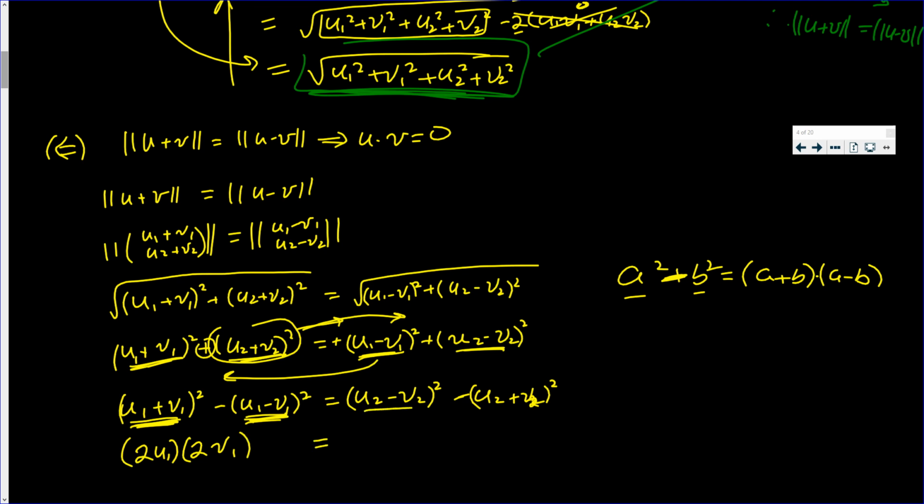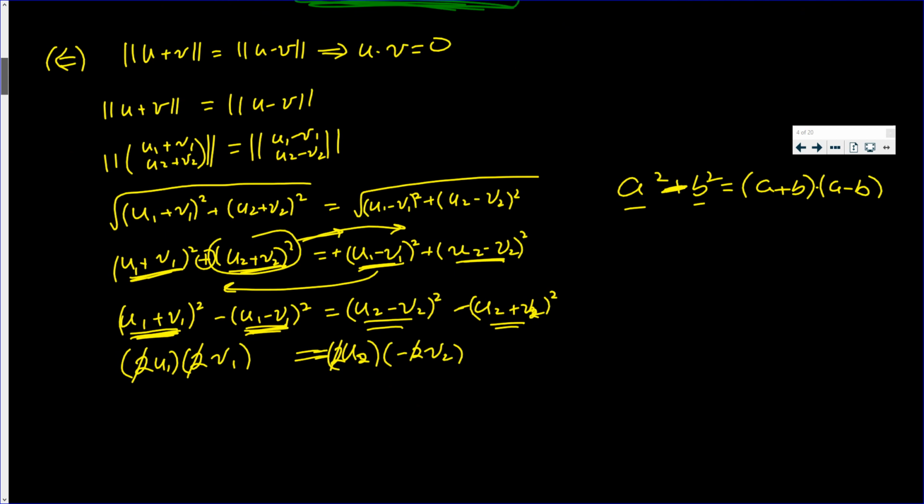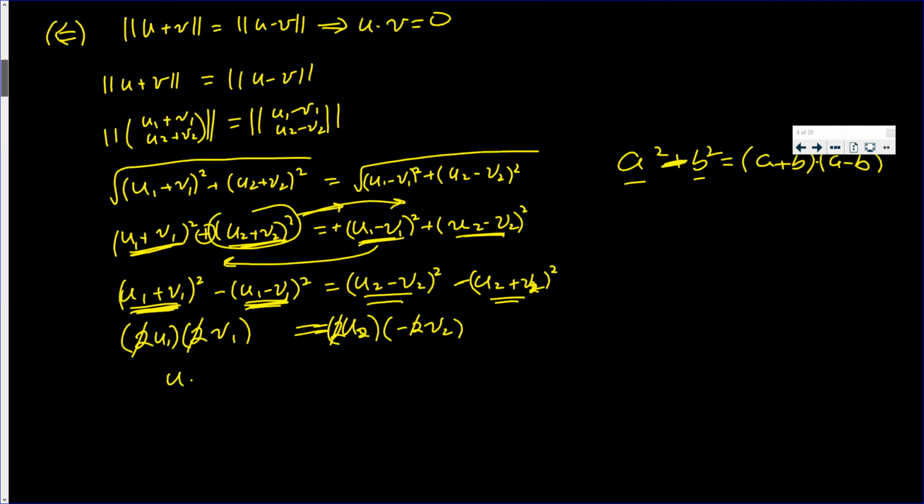Equals one thing squared minus another thing squared. I add the two things, the v's cancel out, I get 2u2. And when I subtract them, I get minus 2v2. And these are equal. The first thing I would do is divide both sides by 2 times 2. And now we're 99% done. u1 v1 is equal to negative u2 v2.